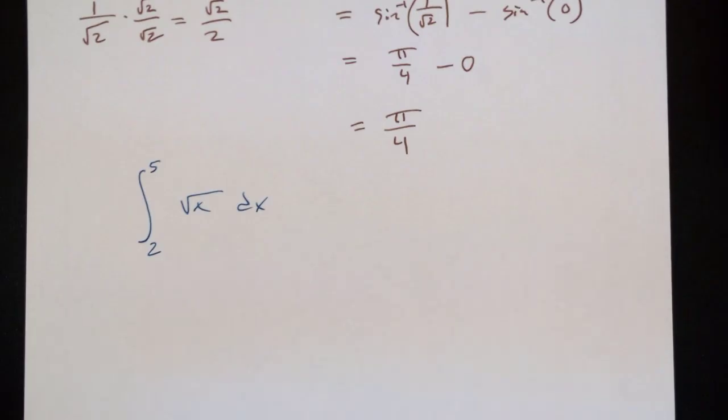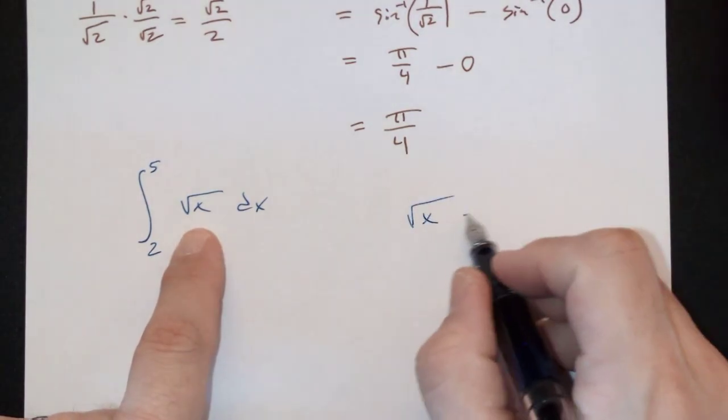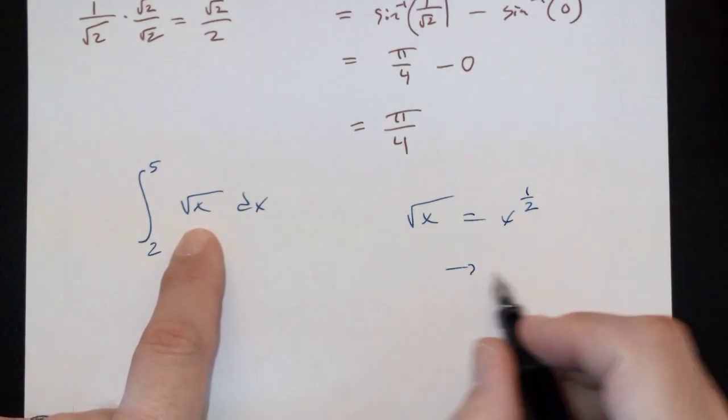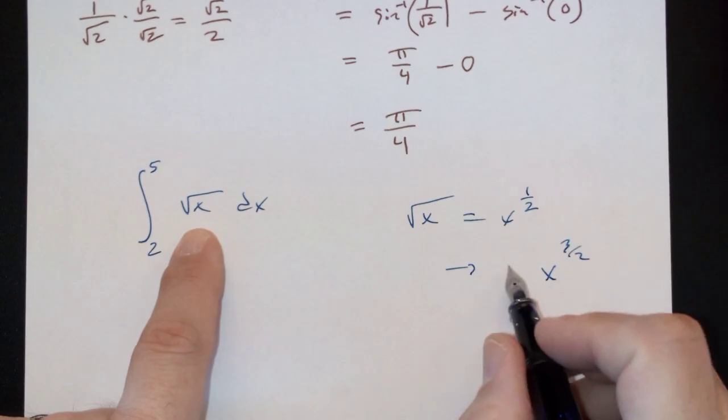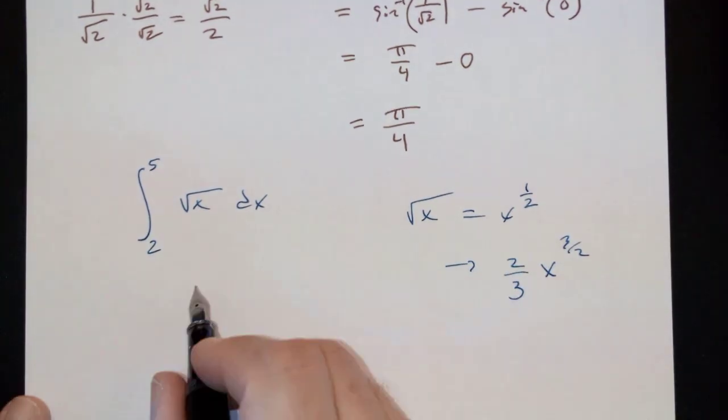In order for me to do this, I need to take the antiderivative of the square root. Right, because I think of this as x to the 1/2. So I increase the power and divide by that new number.